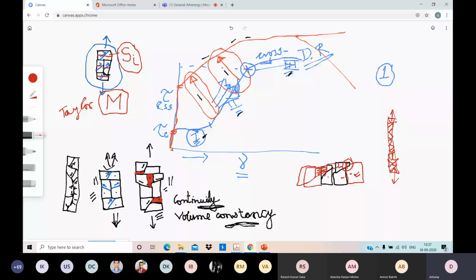That Taylor factor can be very high if they are favorably oriented. So that value will depend on their orientation. There can be preferred orientation, there can be random orientation. The preferred orientation can be beneficial for deformation. The preferred orientation can be detrimental for deformation.